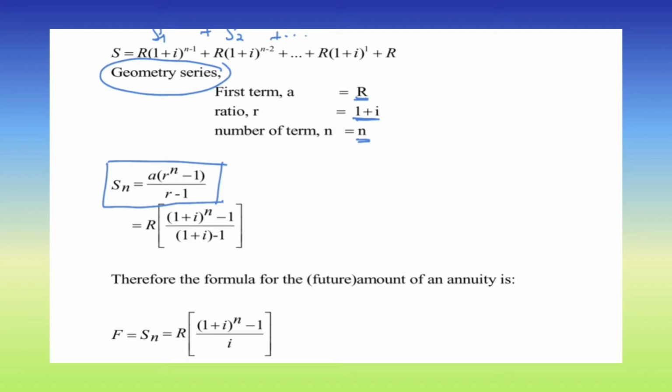So we substitute A equal to R and the ratio equal to 1 plus I. Therefore, the formula for the future amount of an annuity is S equals R times (1 plus I) to the power of n minus 1, divided by I. To solve the problem, we are going to use this formula.